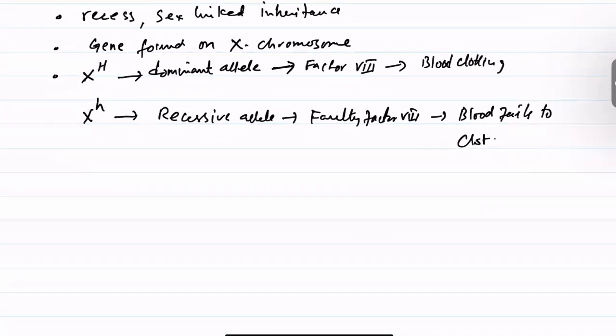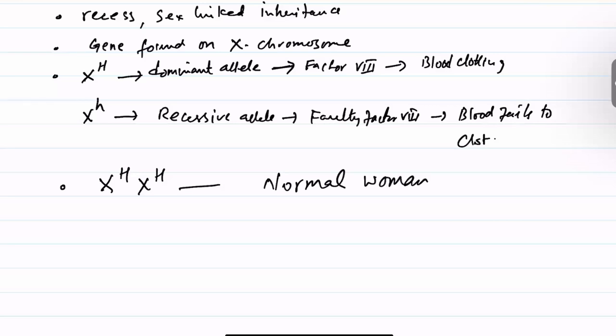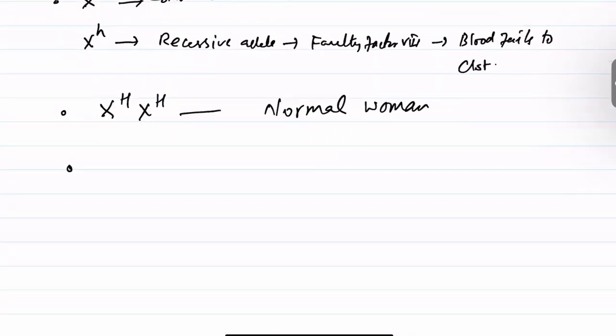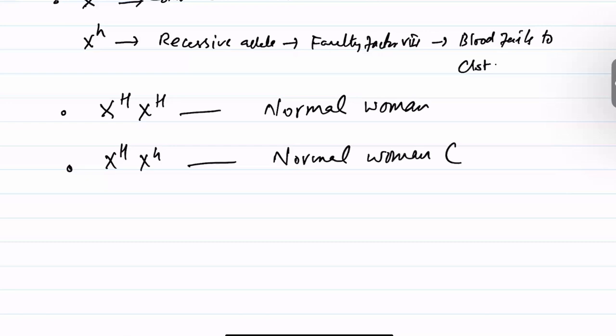Okay, so a woman can have X, H capital and X, H capital. So this would be a normal woman. And a woman can also have X, H capital and X, H small. This is a normal woman, but as she has a recessive allele, she is known as a carrier.